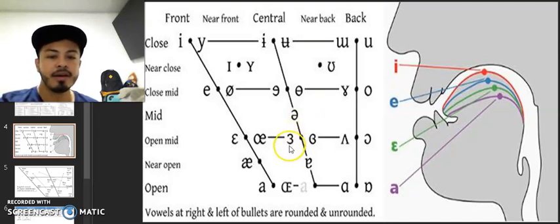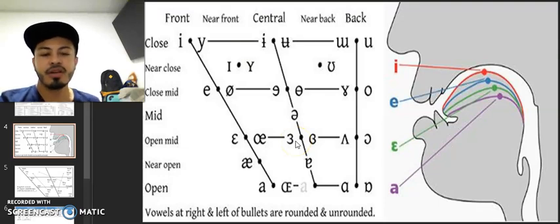Then we have this other symbol here. We use this one in American English, but if we're talking about British English, it might be different. So this sound is pronounced and we use it in words like teacher, burn, burst, burp, and sometimes it even has a little R next to it. All right.